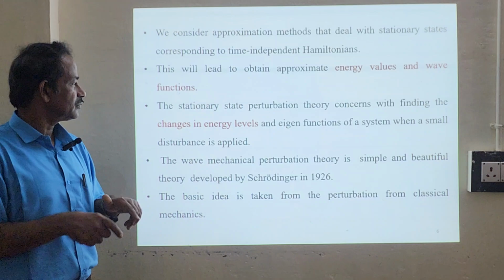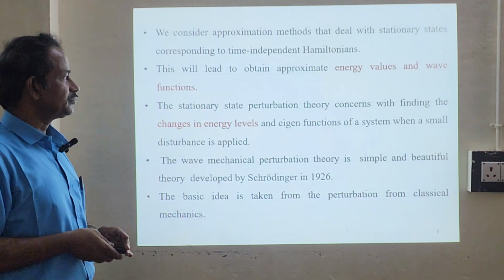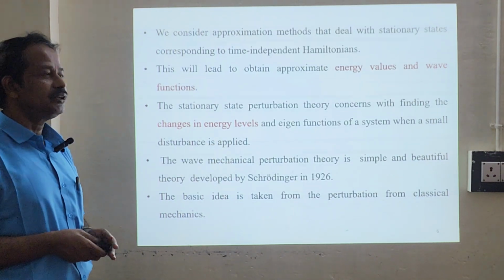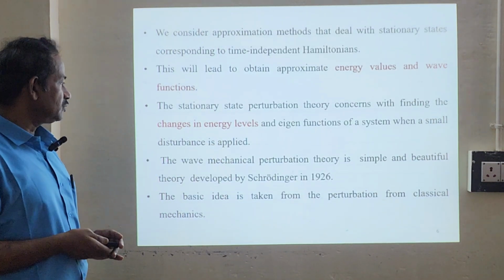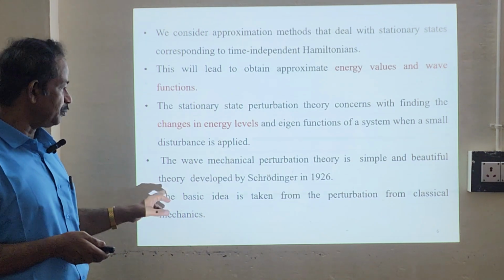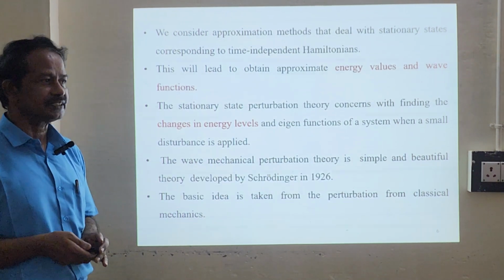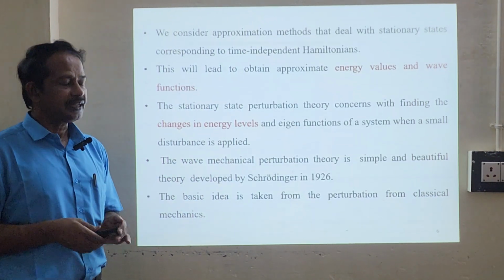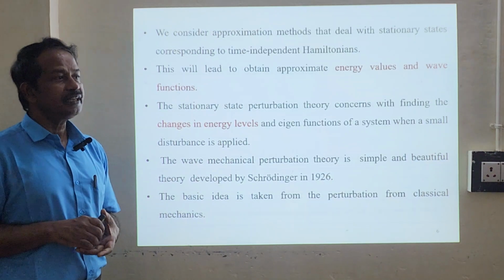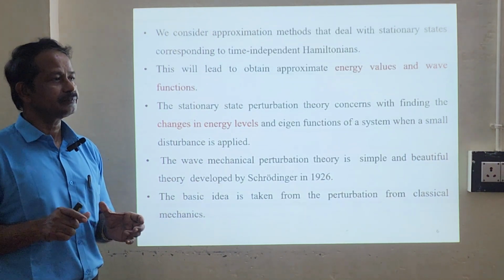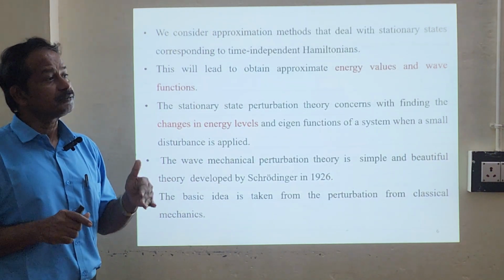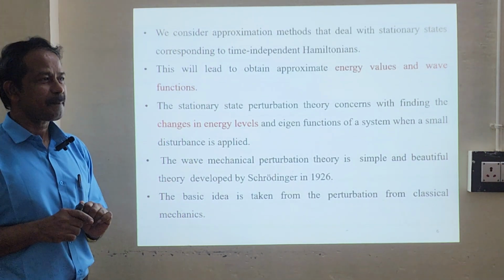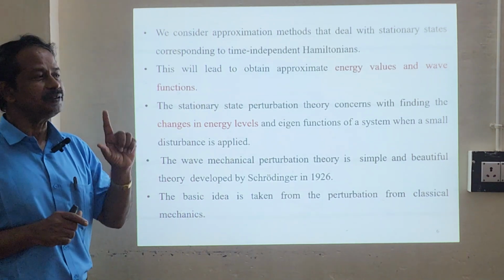Bound state. So there will be a change in energy levels and eigenfunctions of a system when a small perturbation is applied. So we have to apply only a small perturbation. The wave mechanical perturbation theory is a simple and beautiful theory developed by Schrödinger in 1926. Schrödinger himself developed this theory, and he took the idea of the oscillation of a spring, not from Newton, from Rayleigh.